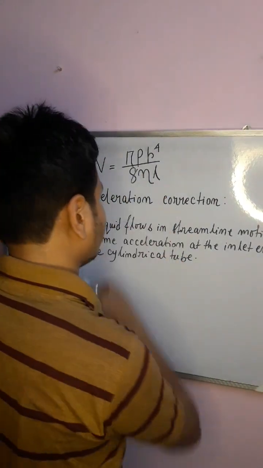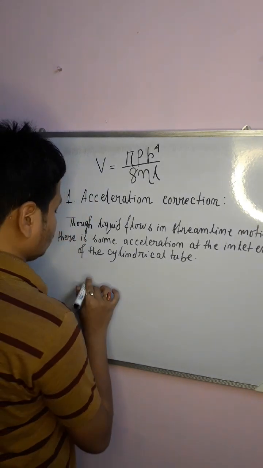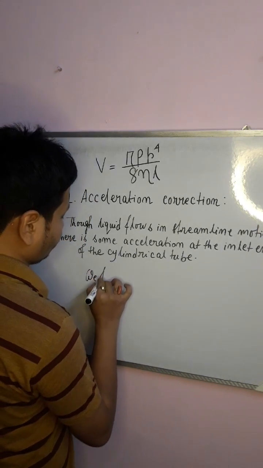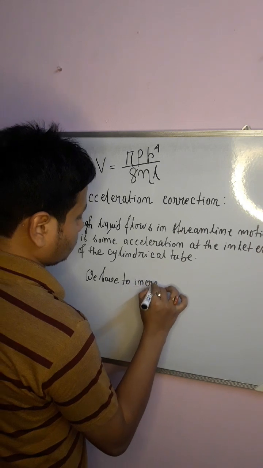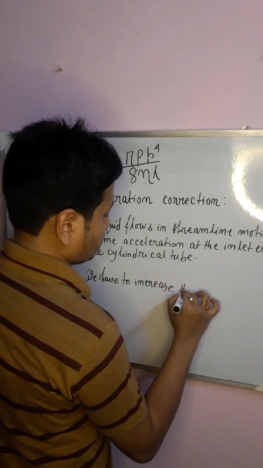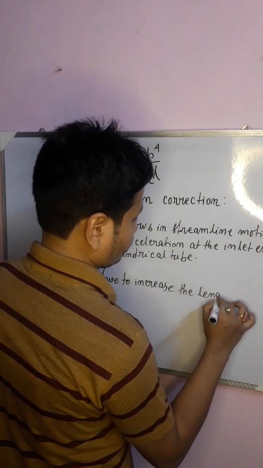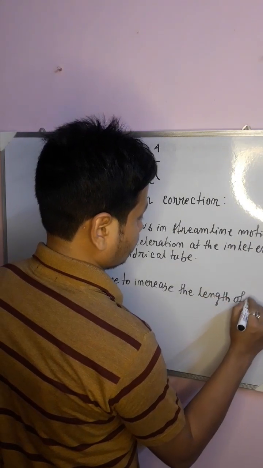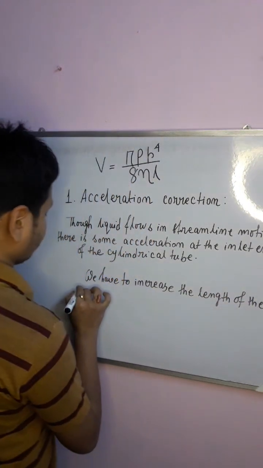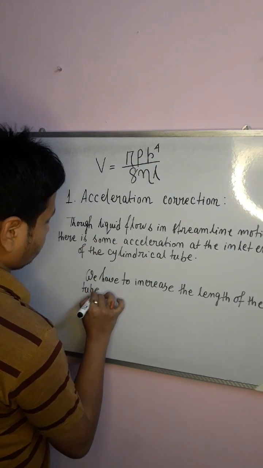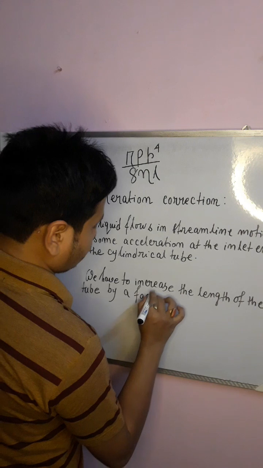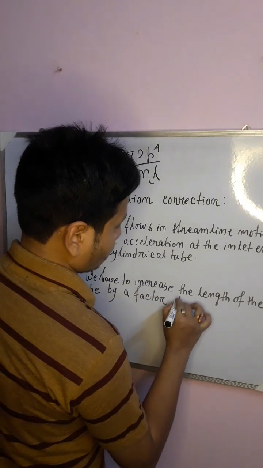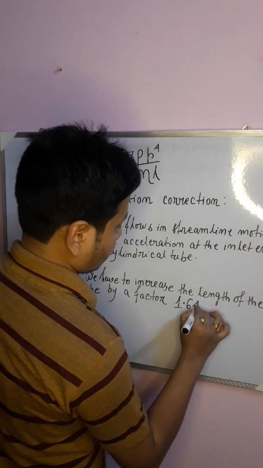So in order to make the correction, what do we have to do? We have to increase the length of the tube by a factor 1.64r.